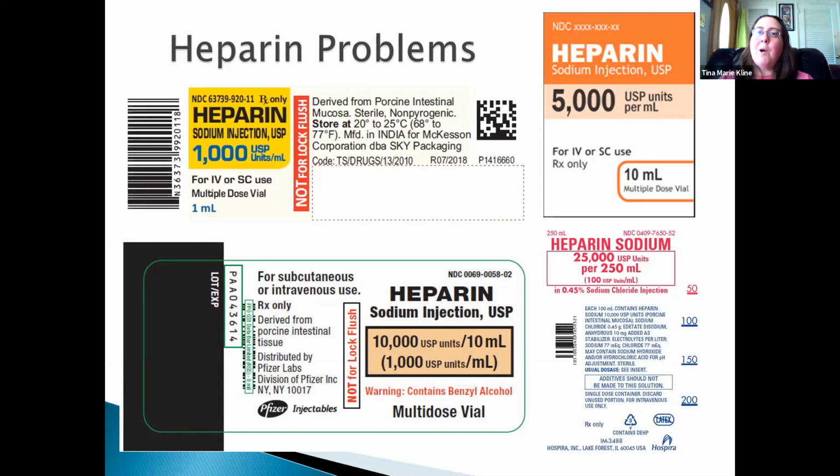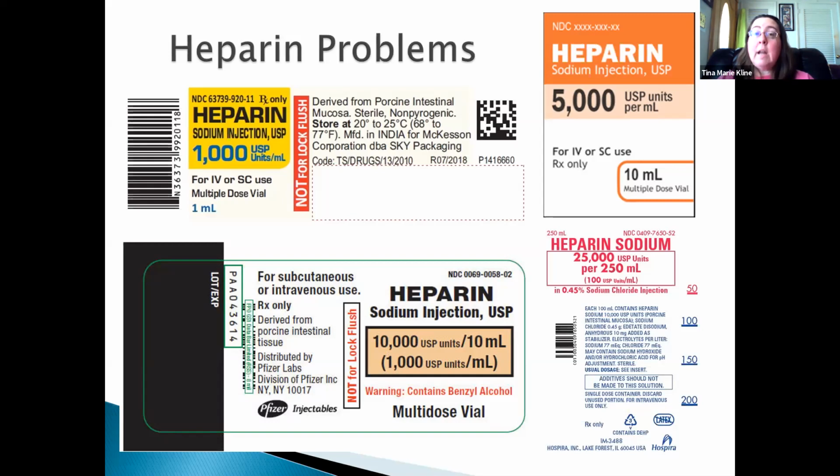What went wrong was the wrong concentration, the wrong strength of heparin, was stocked in their Pyxis. The screen read correctly, but what was actually stocked, I think it was supposed to be 1 unit per milliliter, and what was actually stocked was 10,000 units per milliliter. Something that should never ever be in a NICU. That's just not an appropriate dose, but it was an error.